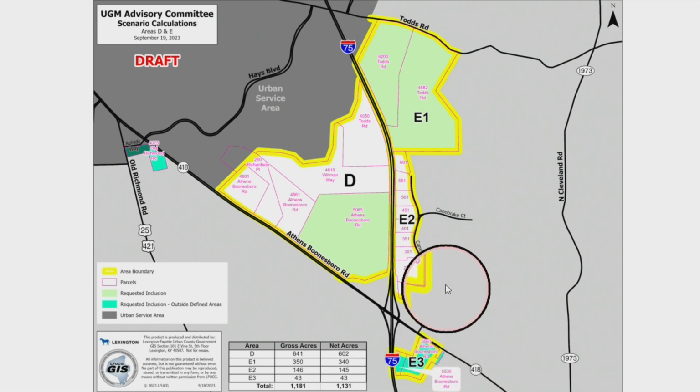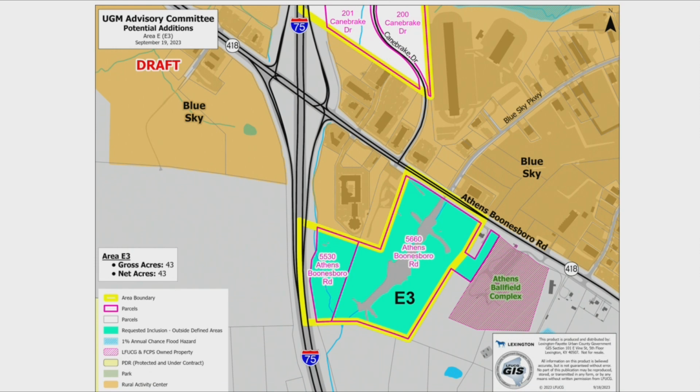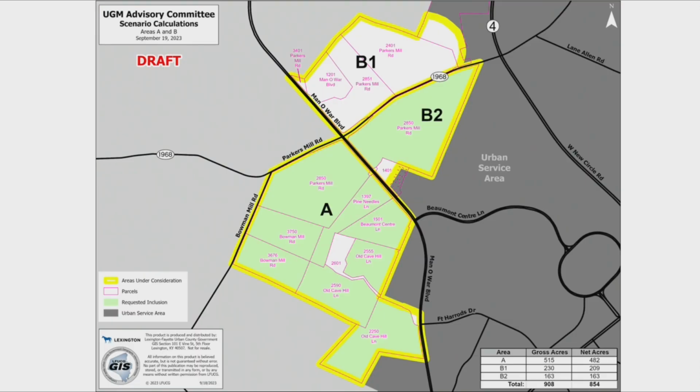Area E2 is not being included. And then Area B1, north of Parker's Mill, 230 gross, 209 net. Area B2, south of Parker's Mill and adjacent to Beaumont, 163 gross, 163 net. And there is no property in Area A that is being included.